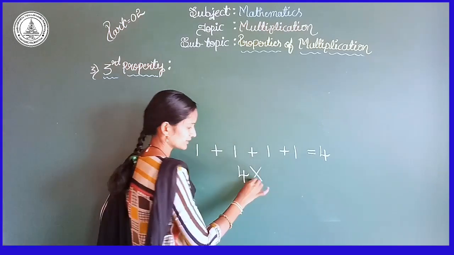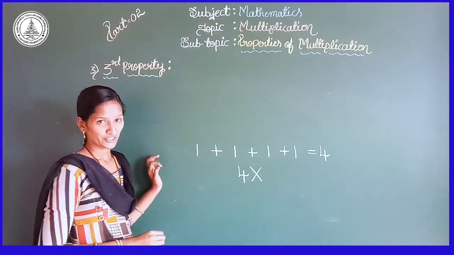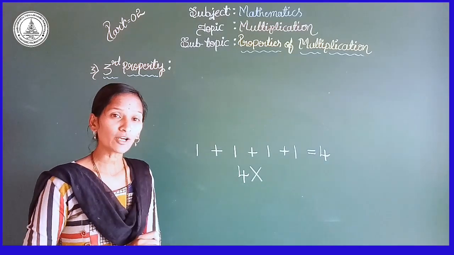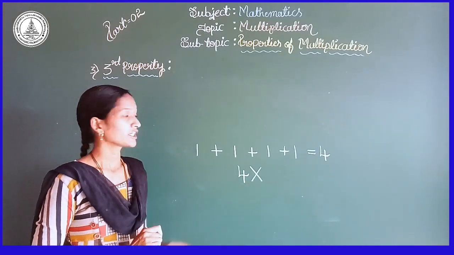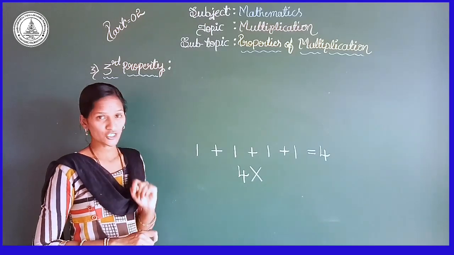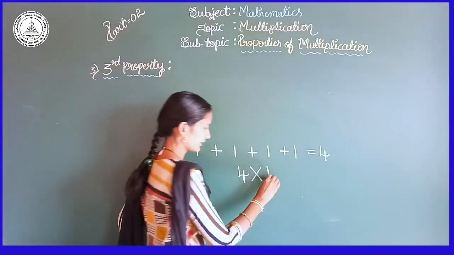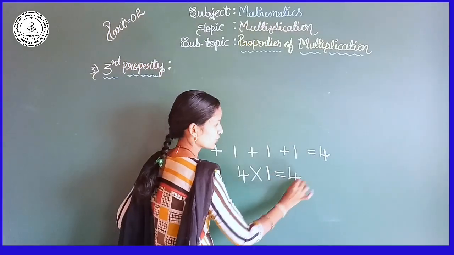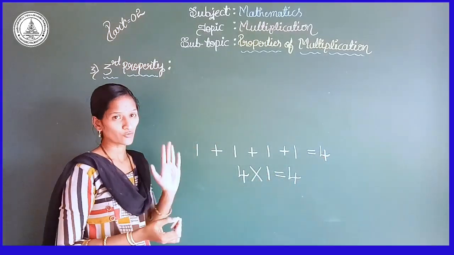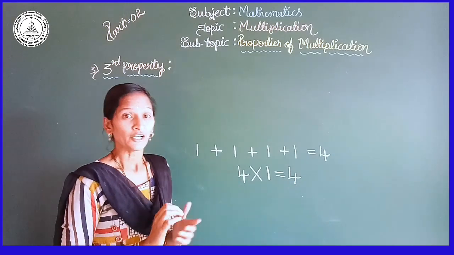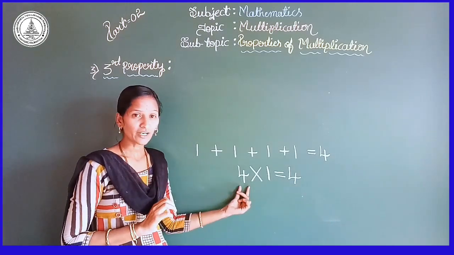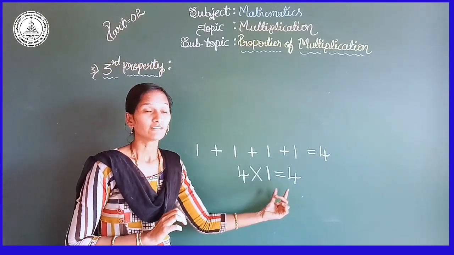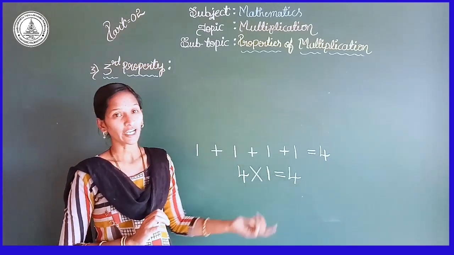Into, this is the symbol of multiplication. And in each plate, how many cakes do we have? Each plate contains only 1 piece of cake. So I am writing 1 here. So what does it give? The answer is 4 itself. The product is 4. What it tells is, when you multiply a number with 1, the product, the answer, will be the same number itself.